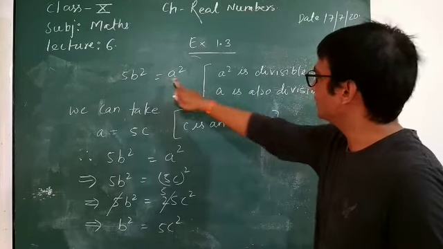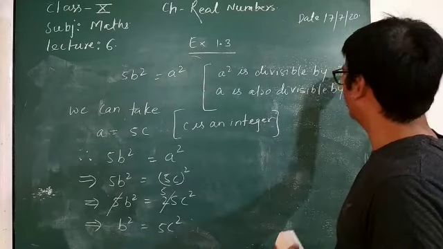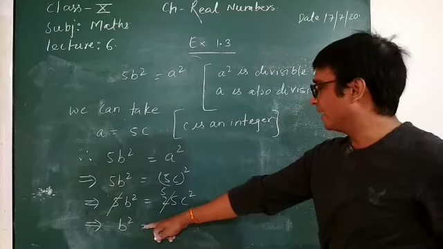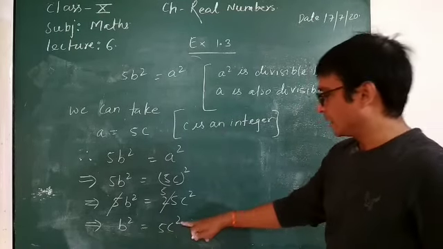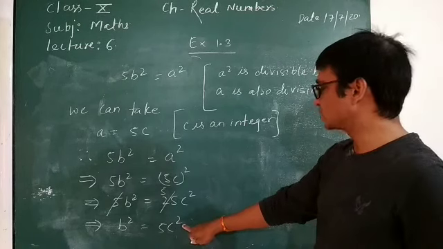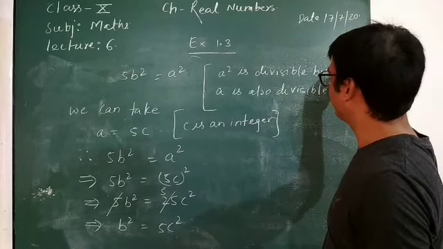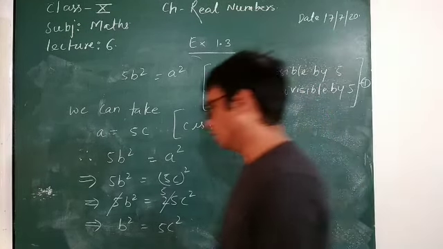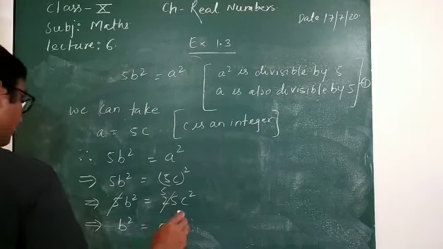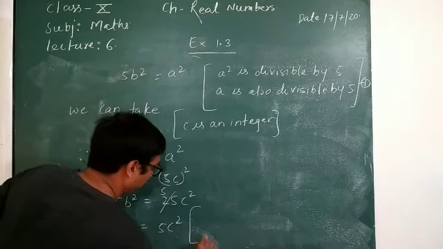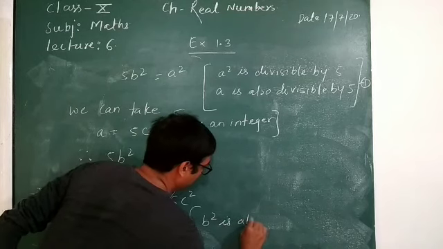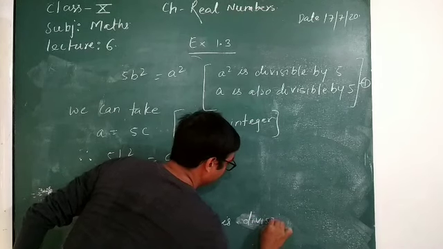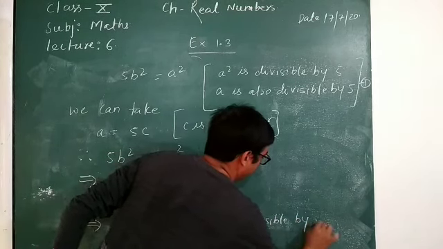In a similar pattern as we did in equation 1, that a square is divisible by 5, you can write that b square is also divisible by 5.